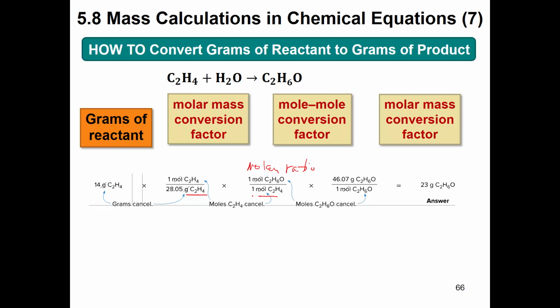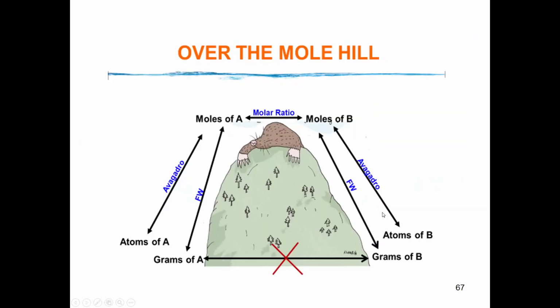So that gets me from moles of C2H4 to moles of C2H6O, I should say, to grams of that, because I can cancel this and then multiply everything on the top and then divide by everything on the bottom, and you should get 23 grams of C2H6O.